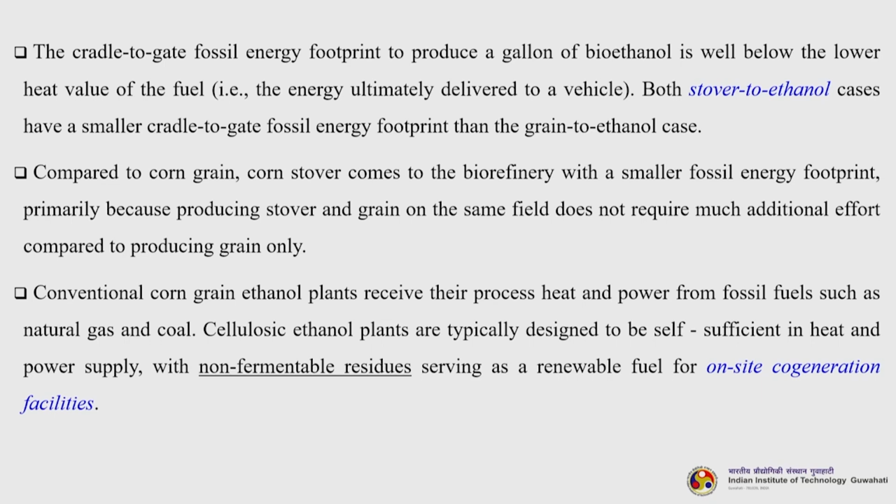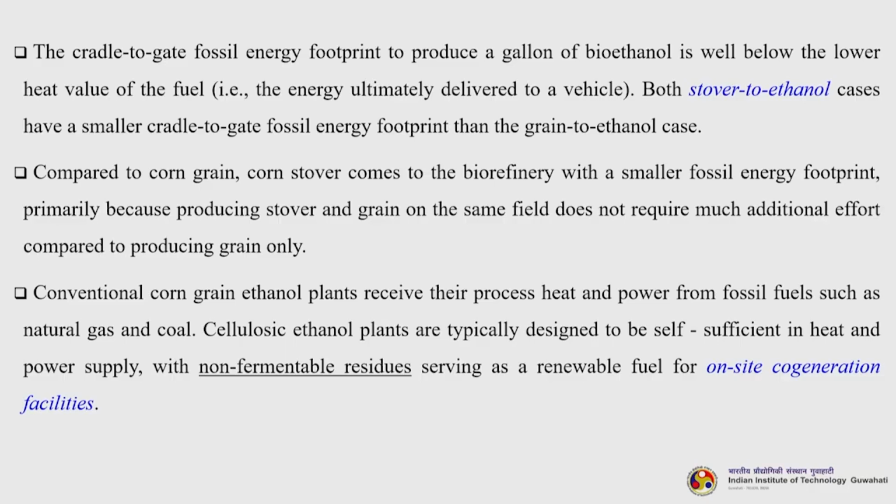Conventional corn grain ethanol plants receive their process heat and power from fossil fuels such as natural gas and coal. Cellulosic ethanol plants are primarily designed to be self sufficient in heat and power supply with non-fermentable residue serving as a renewable fuel for on-site cogeneration facilities, the CHP facilities. Okay.